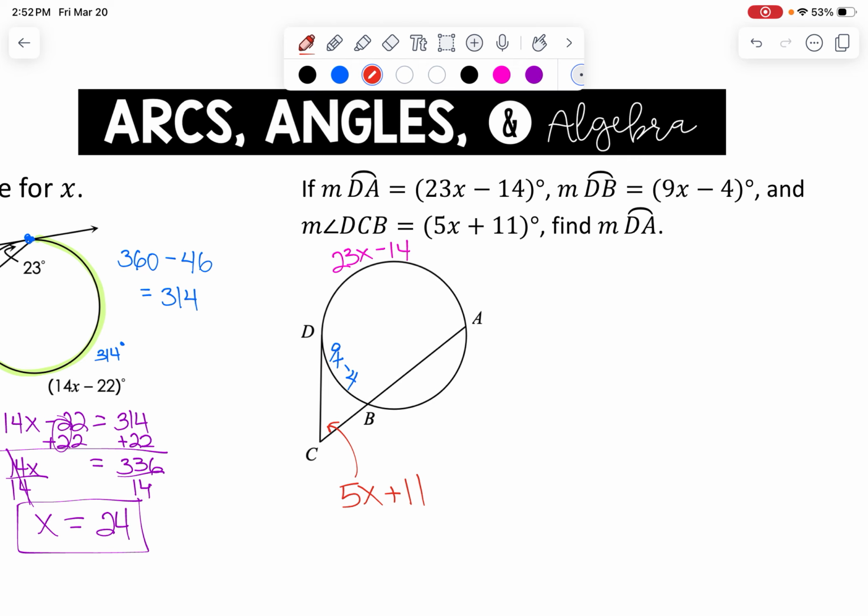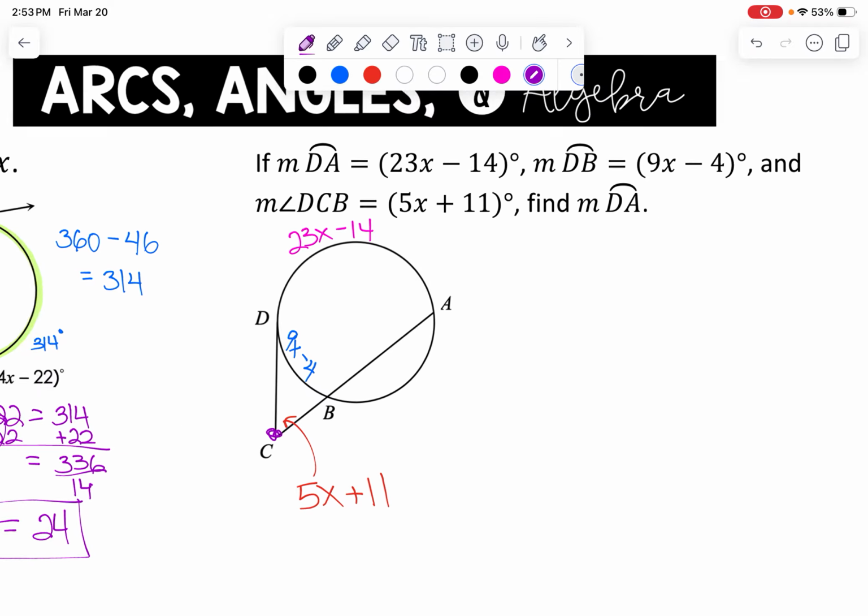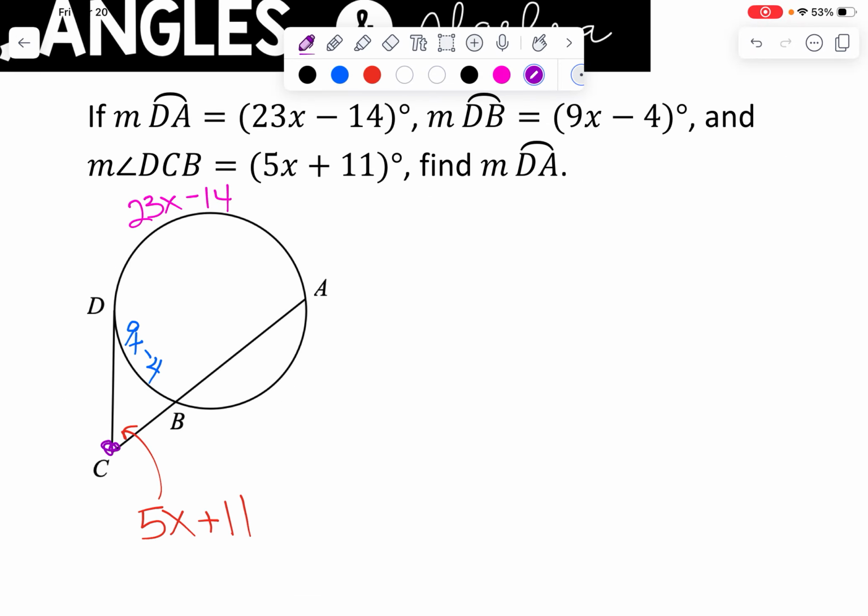Okay, lots going on here. But again, I want to start with, where do the two lines, in this case a tangent and a secant, intersect? They intersect outside of the circle. So the angle should be equal to half of the big arc minus the small arc. So that's all I'm going to write. Using that picture, I've got 5x plus 11.